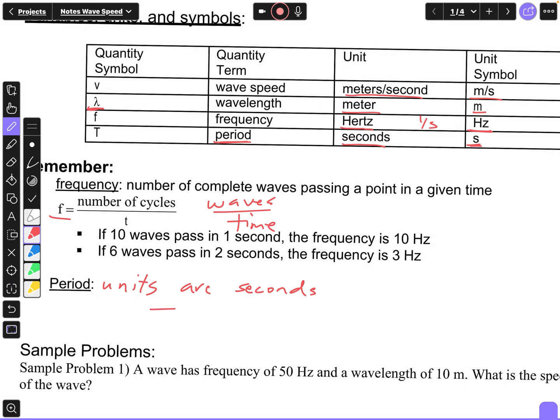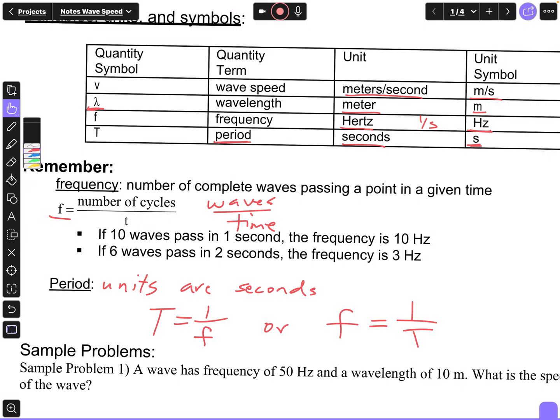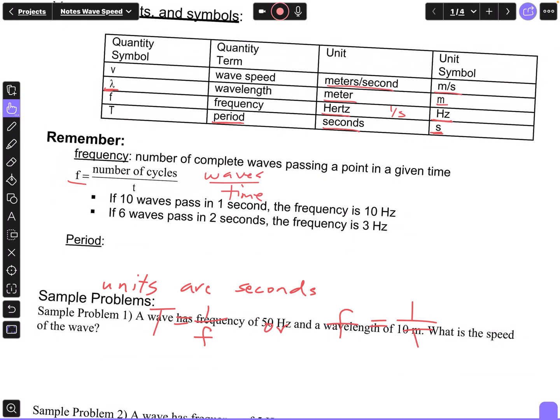So T is equal to 1 divided by the frequency. That's an equation we could use. Or if we're solving for frequency, that would be 1 divided by T. They are reciprocals of one another. That's another equation to add to that top one that we'll be using. So there are a couple equations here. We have to look and see what the problem is asking to decide which ones to use.